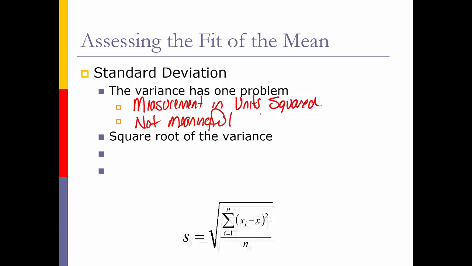But if we take the square root of that variance, what is that going to tell us? That's really going to tell us what the average error is between our population mean and our sample mean.